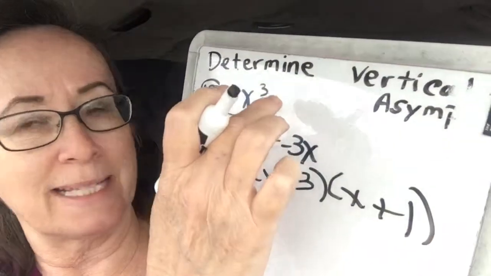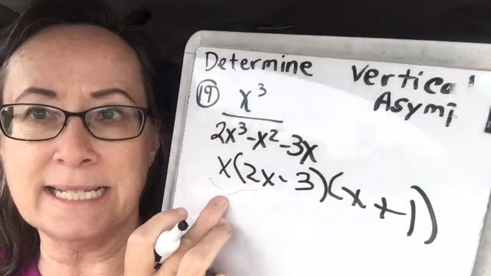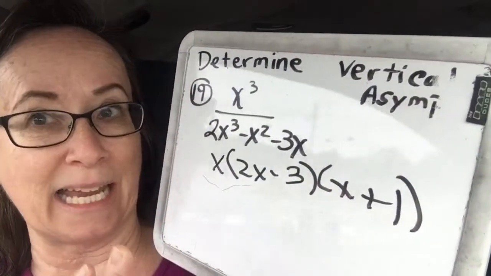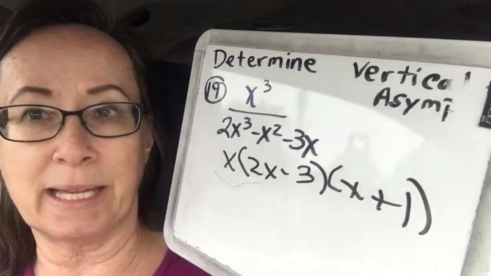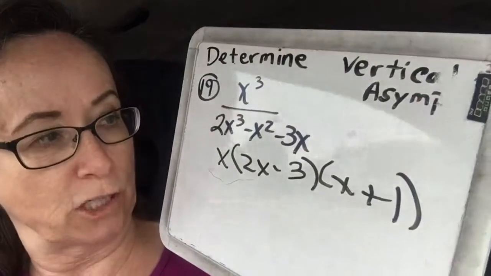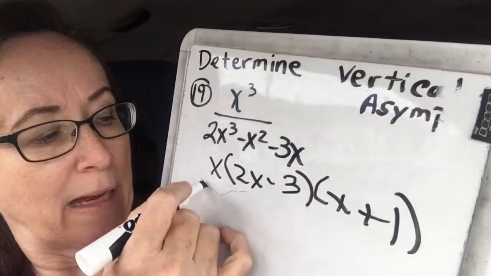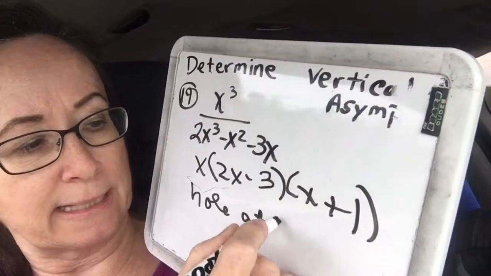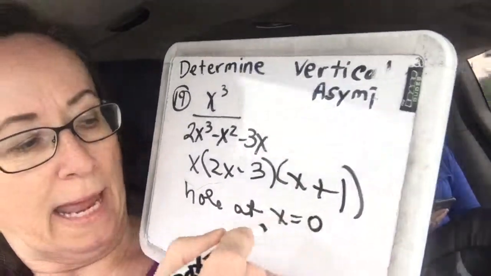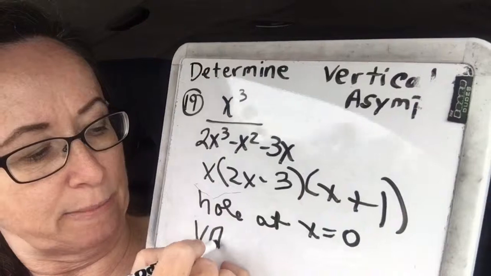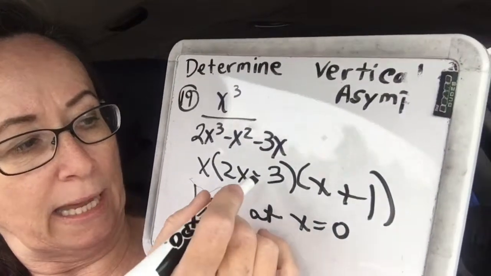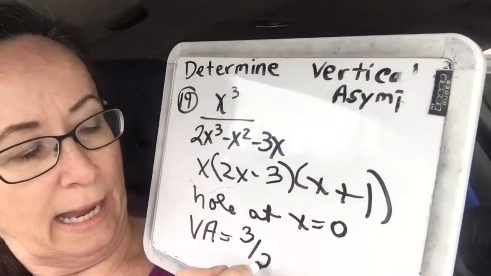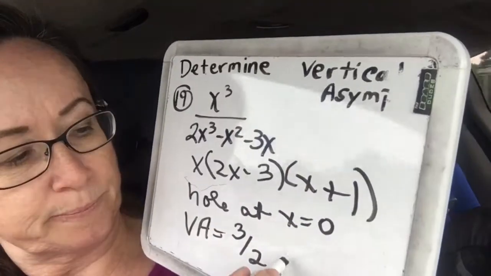And so when I have a 0 and a vertical asymptote at the same place, I end up getting a hole in my function there. So I will have a hole at x is 0, and then I will have a vertical asymptote only at 3/2 and negative 1.